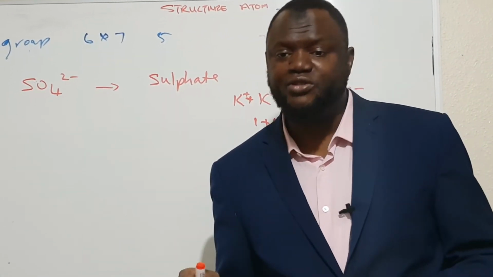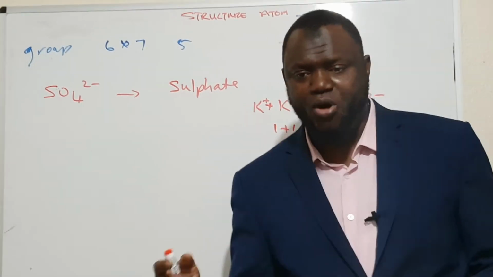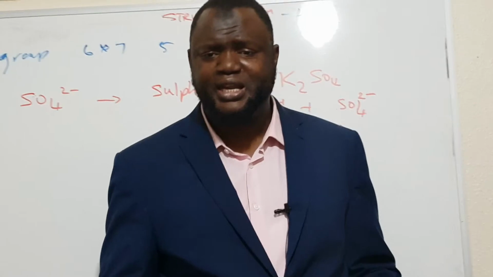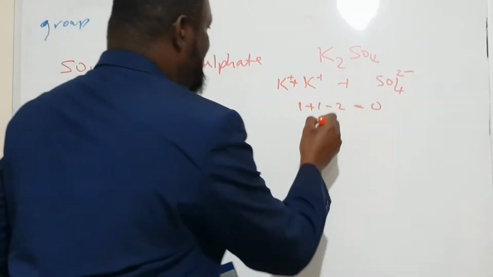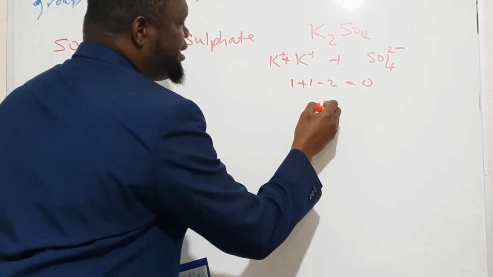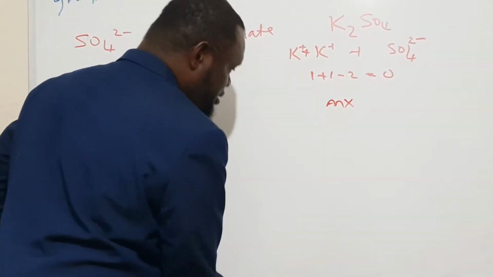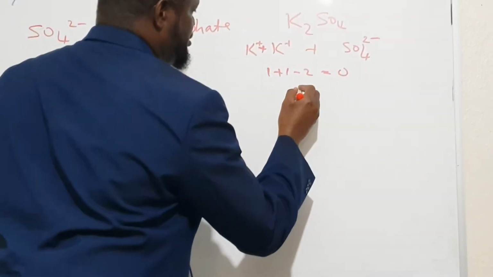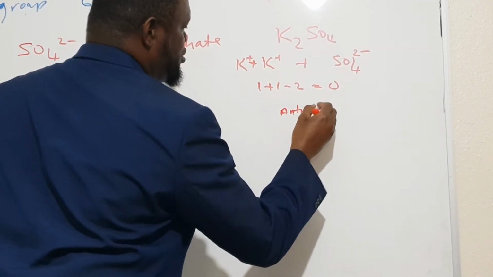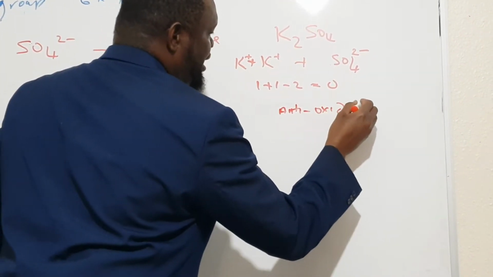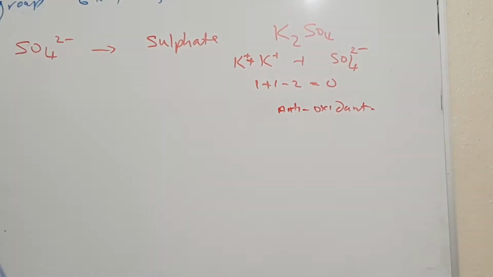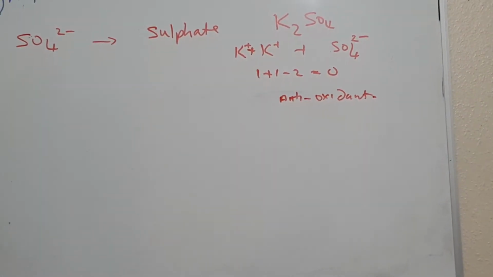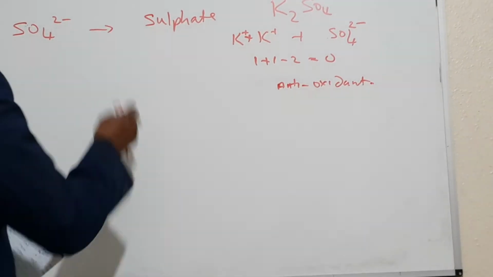That's why if you drink lemon or grape and so forth, they have a lot of antioxidants, because they are rich in free charges that can react with the free radicals. Okay? Sulfate.